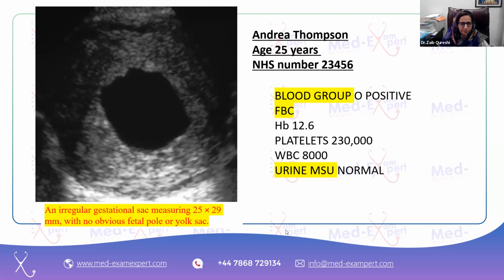Clear, everyone? Any question? Dr. Zaib, can I ask one question? Yeah. As you said, family history is not important, but in case she has a thrombophilia... You can ask. In this scenario, there is no involvement of the partner.